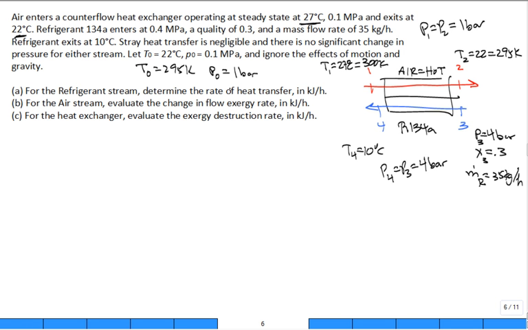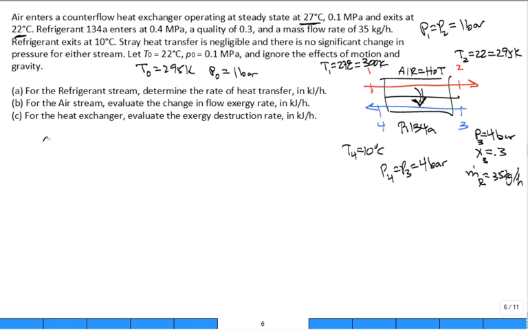Well, how would I do that? What exactly am I asked to solve for? Q dot. Yep, it's Q dot into the refrigerant stream, true? We know that it's out of the hot air stream. So maybe you want to think of having 3 Q dots, but they're all equal.